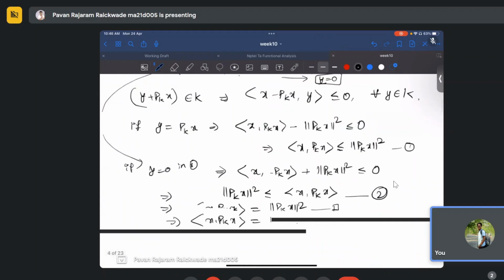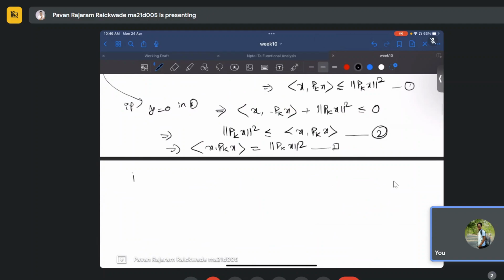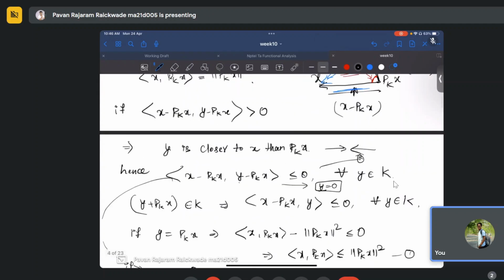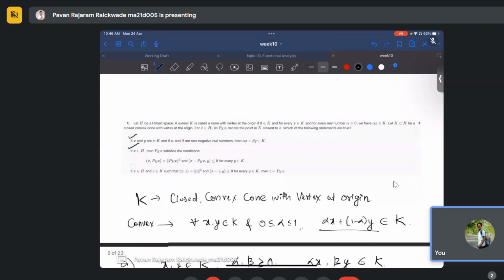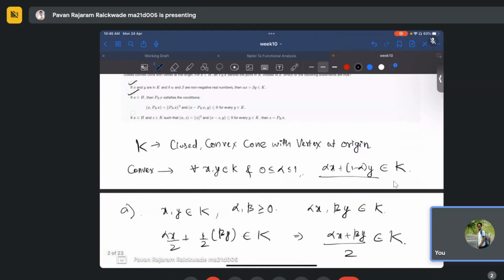Okay, let's see. If Z belongs to K such that the inner product of X minus Z with Y is less than or equal to 0 for all Y in K, and the inner product of X with Z is equal to norm Z squared.